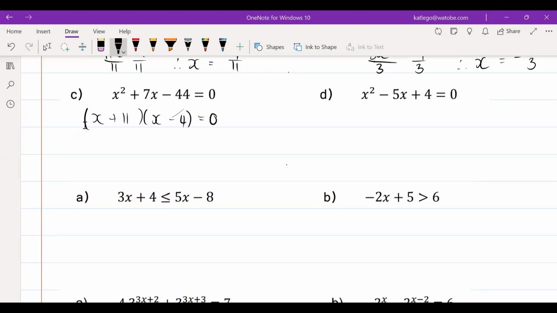Remember. x plus 11 equals 0, or x minus 4 equals 0. And yes, Marula has already told us our first solution. Therefore, x is negative 11, or x is positive 4. Thank you, Marula. That was fabulous.